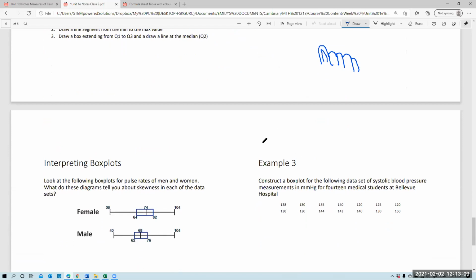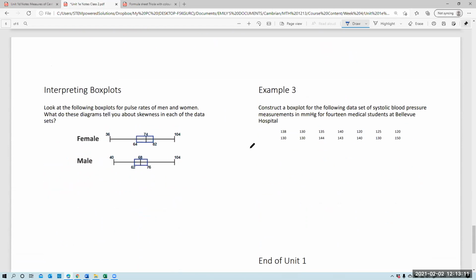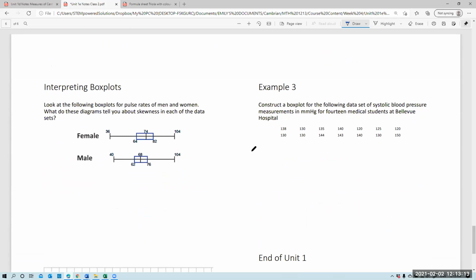So, interpreting box plots: look at the following box plot for rates of men and women, and what do the diagrams tell you about skewness in each of the data? This one is a little bit easier. This one is left skewed, and this one is right skewed.